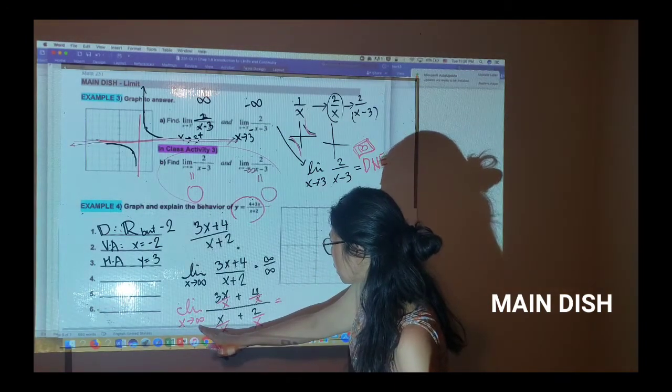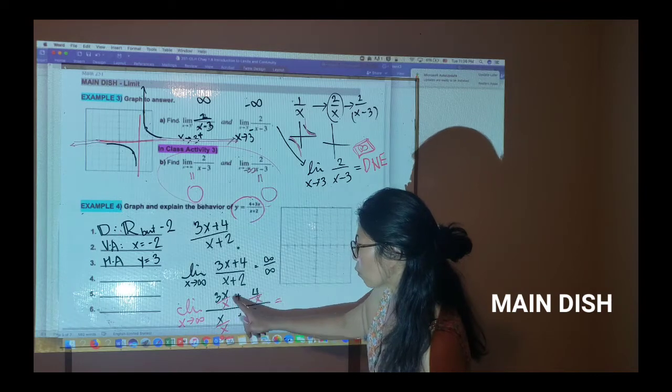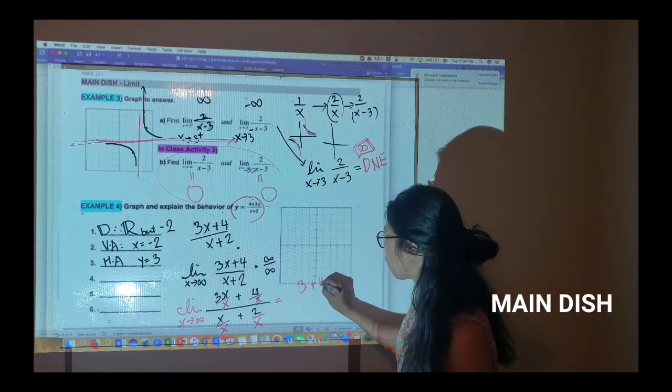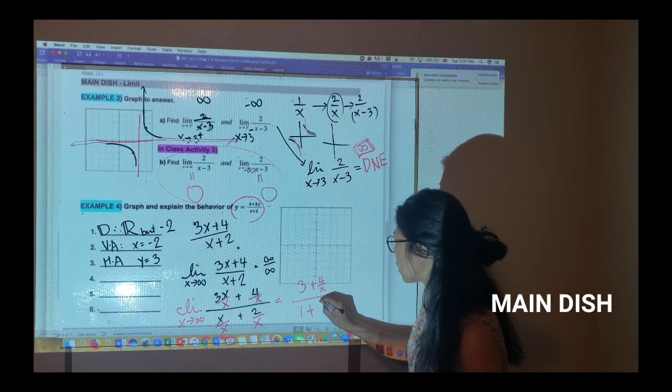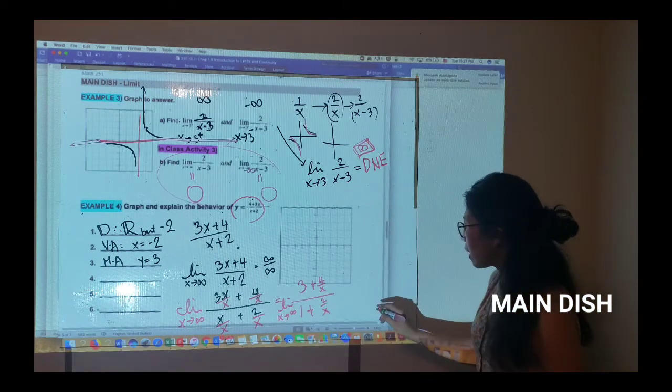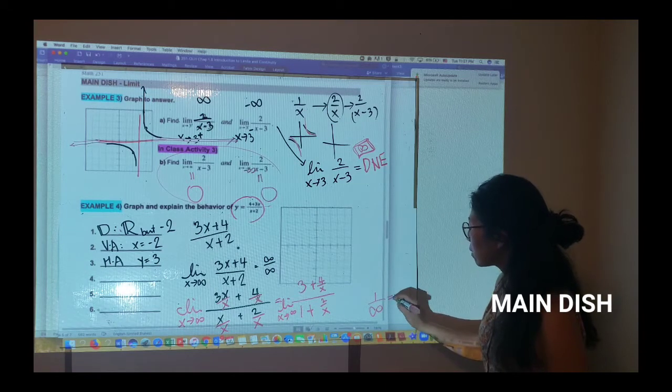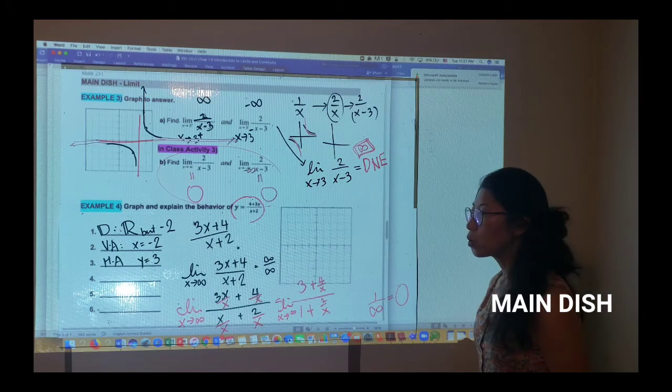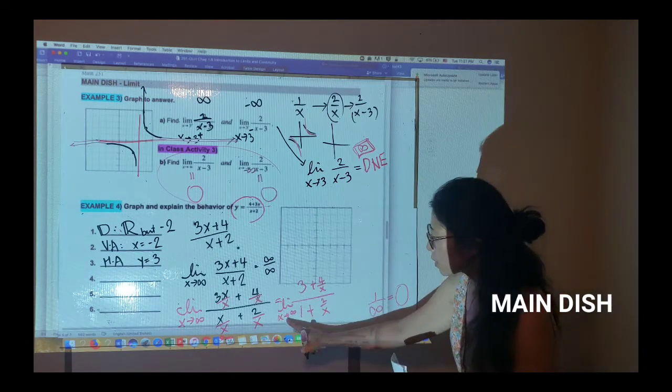So when I plug in infinity, now I can reduce this to 3 plus 4 over x, over 1 plus 2 over x. What happens? Remember that 1 over infinity, what is this number? It becomes closer to 0. So I'm using that idea.